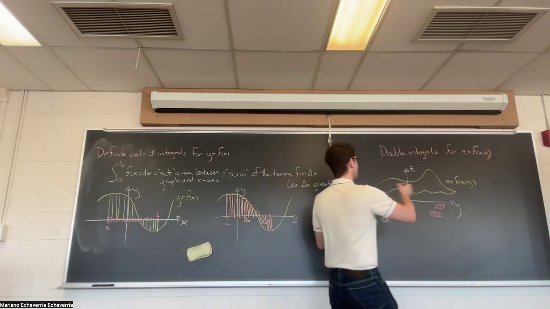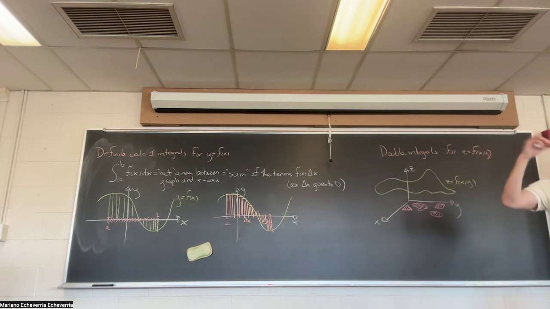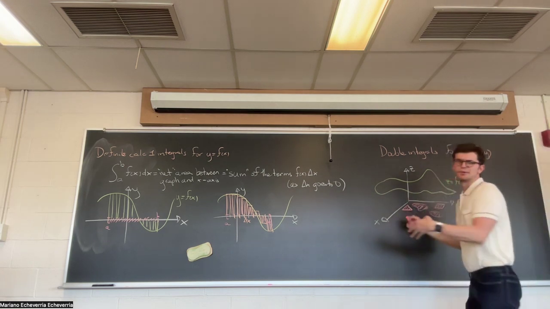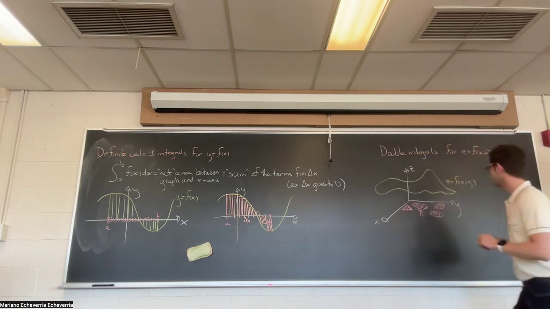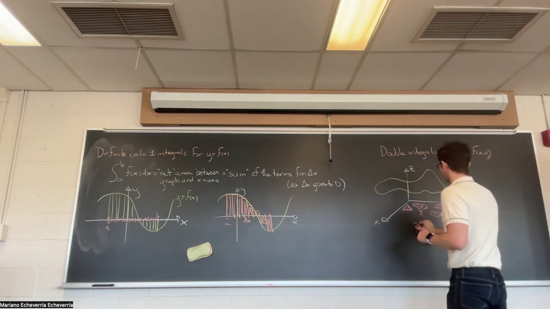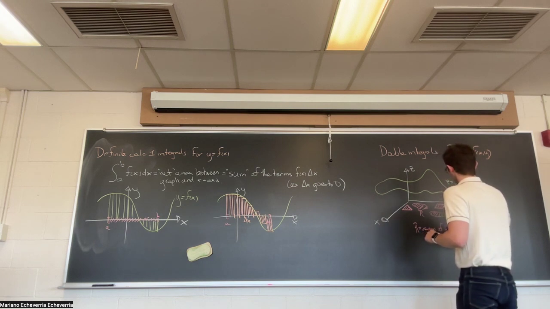So you could choose a piece of the plane, which I'll try to draw in a way that looks a little more amorphous. Any of these corresponds to a region of the plane, right? So R is going to be a region of the xy-plane.